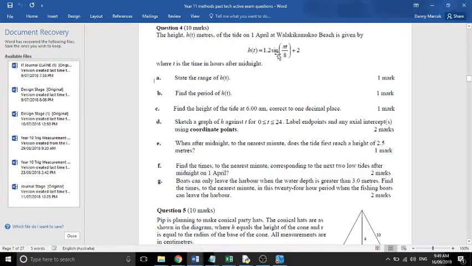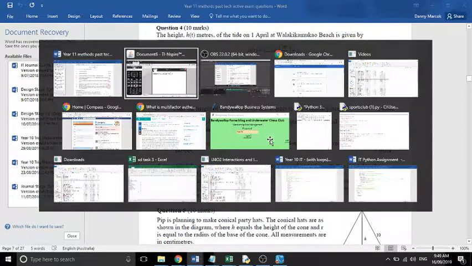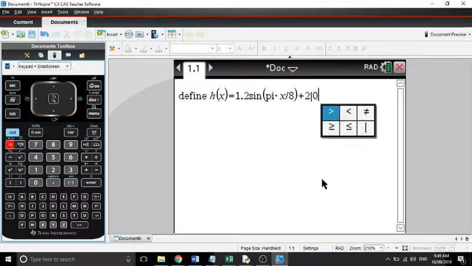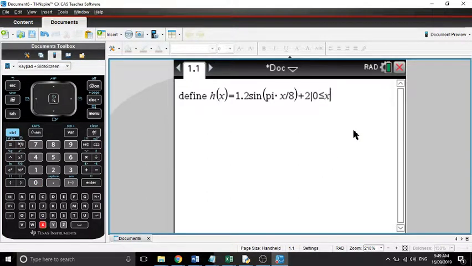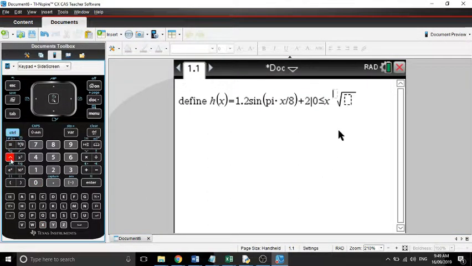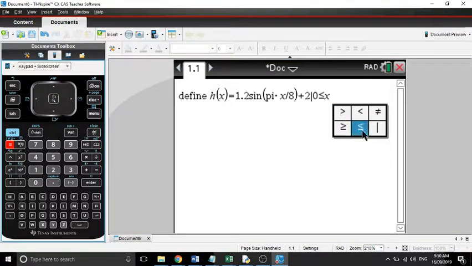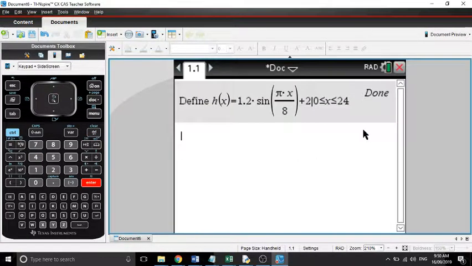It doesn't tell us immediately, but that's what we're interested in. So 0 is less than x, which is less than 24. Alright, so that's what we've got there. Just check it, h of x.